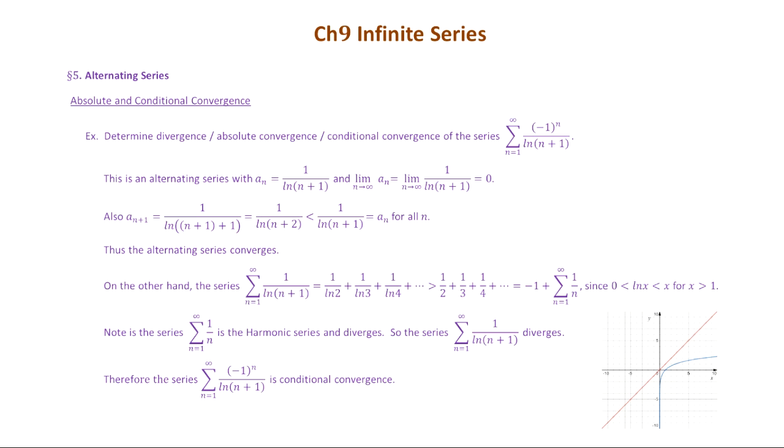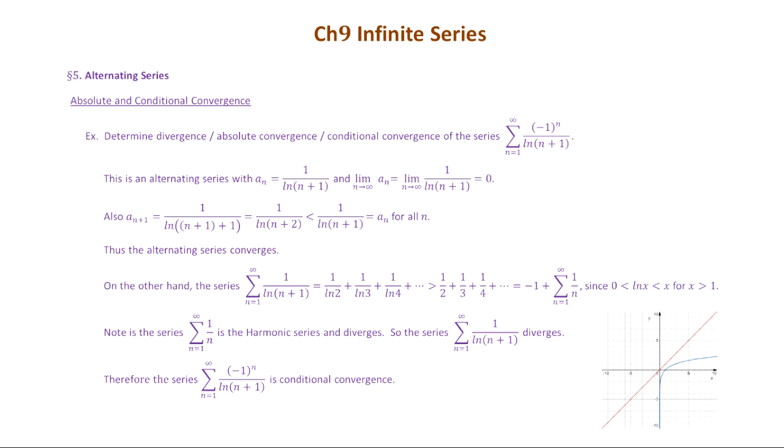With n starting from 1, you get ln(n+1), so the first term is 1 over ln 2. And that's greater than 1/2 plus 1/3 plus 1/4 and so on, because 2 is greater than ln 2, 3 is greater than ln 3, 4 is greater than ln 4, and so on. So if you flip it, the inequality is reversed.